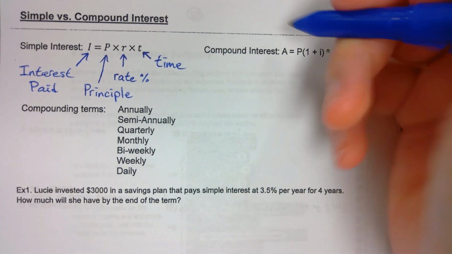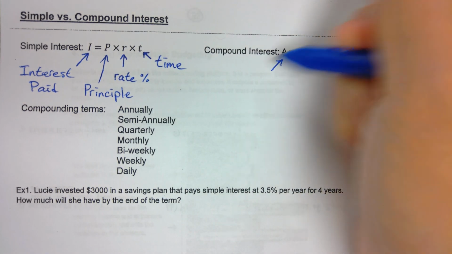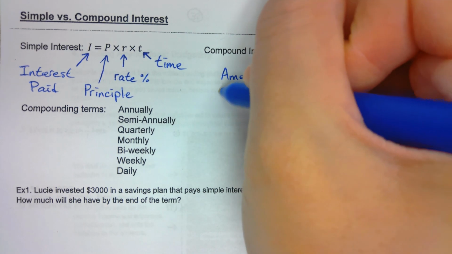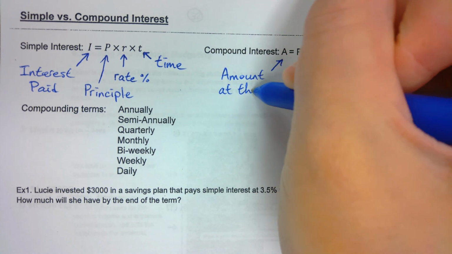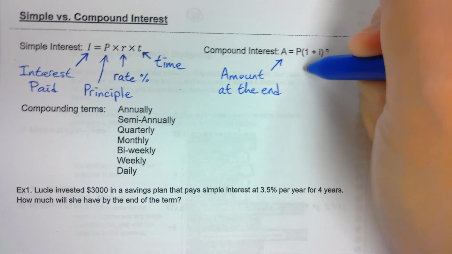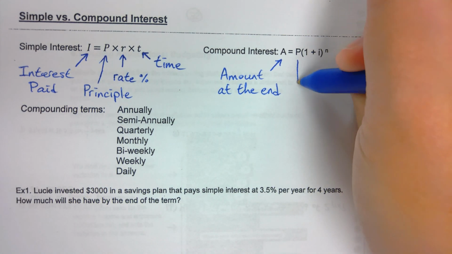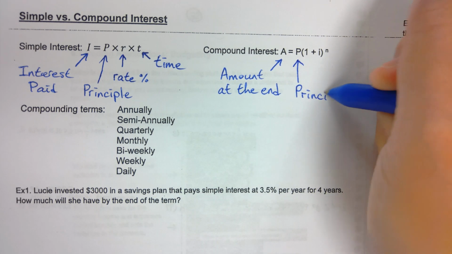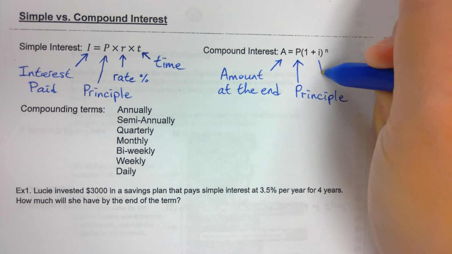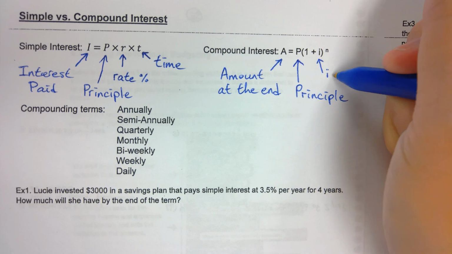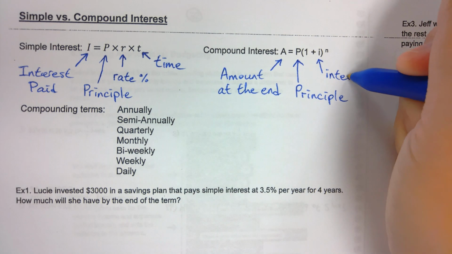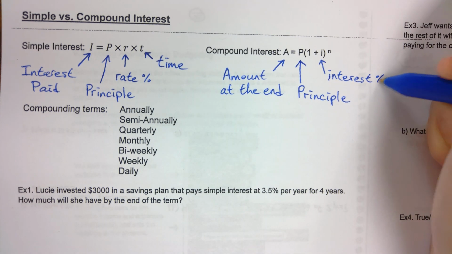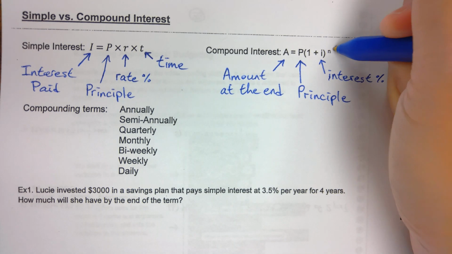Compound interest. A stands for the amount at the end. P, same thing, stands for principal. I stands for interest. So it's the same as rate. And then N, this is a tricky one.